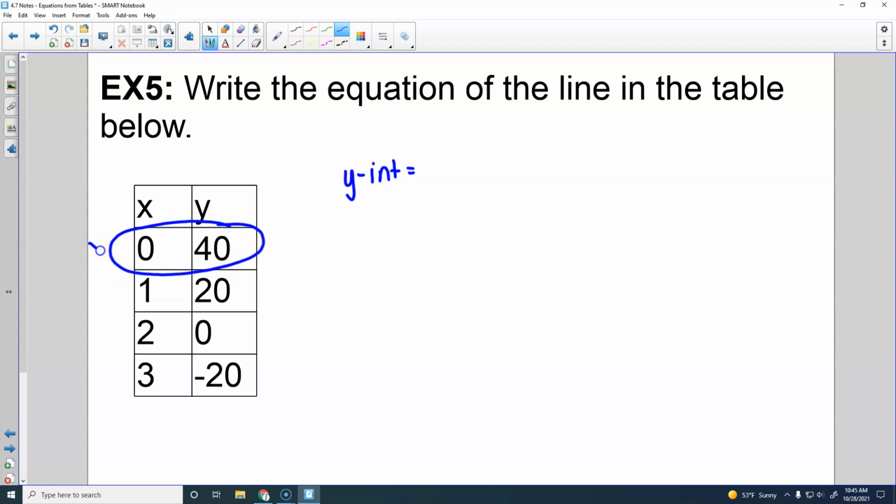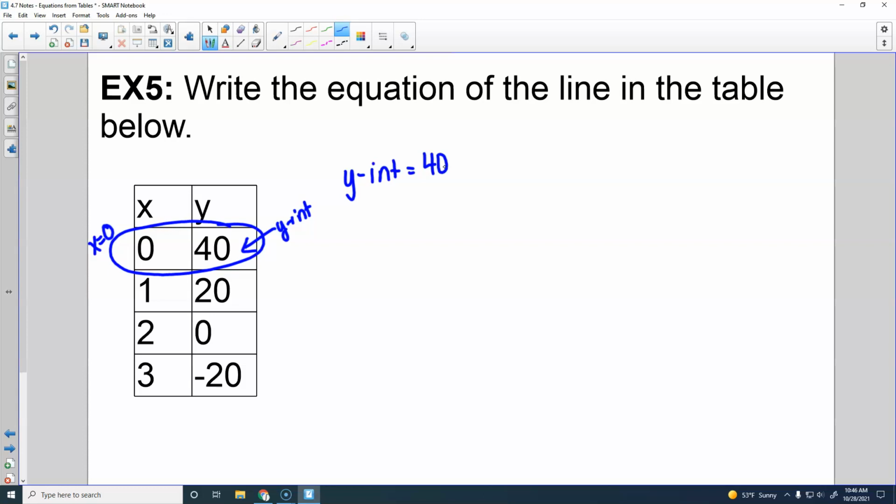So we're always looking for where x equals 0. And then that number that goes with it is going to be our y-intercept. So always look at the x column for zeros when you're looking for y-intercept. Okay? So our y-intercept is 40.